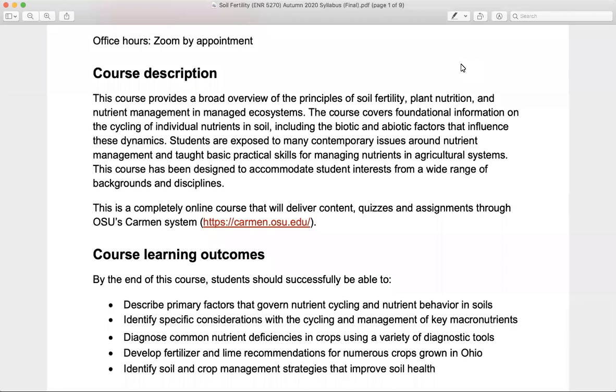We do want to place a lot of the information that we're giving you in a contemporary context. Ohio is a very interesting point right now in terms of nutrient management, with a lot of water quality issues, and a lot of other things in terms of urban sprawl and population pressures at the interface between the urban and agricultural.